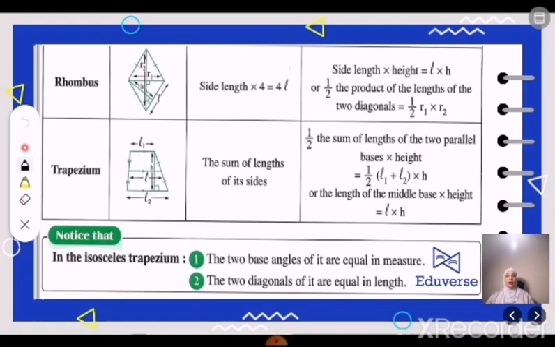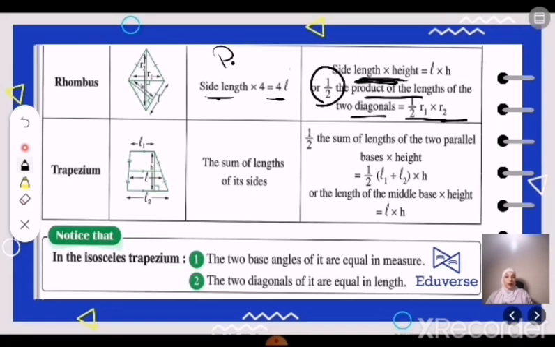Its perimeter will be side length multiplied by 4. And its area will use one of two rules: side length multiplied by its corresponding height, or half multiplied by the product of the lengths of the two diagonals, diagonal 1 and diagonal 2, which he called here R1 and R2.